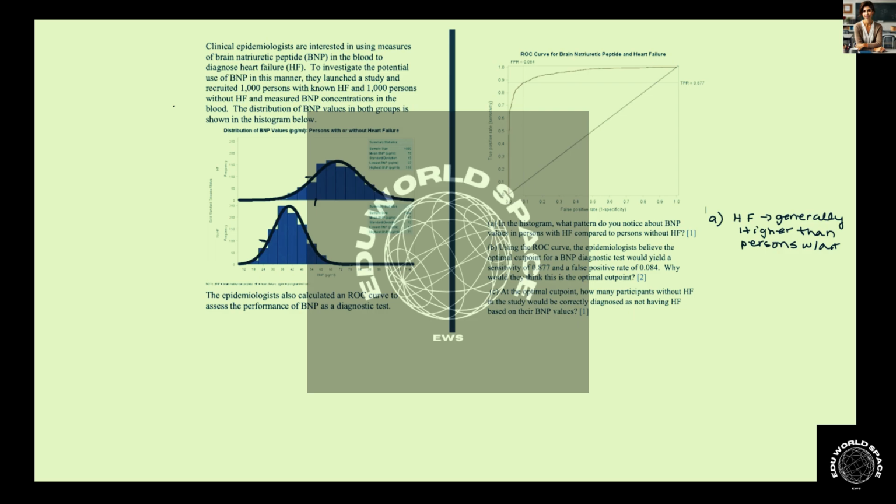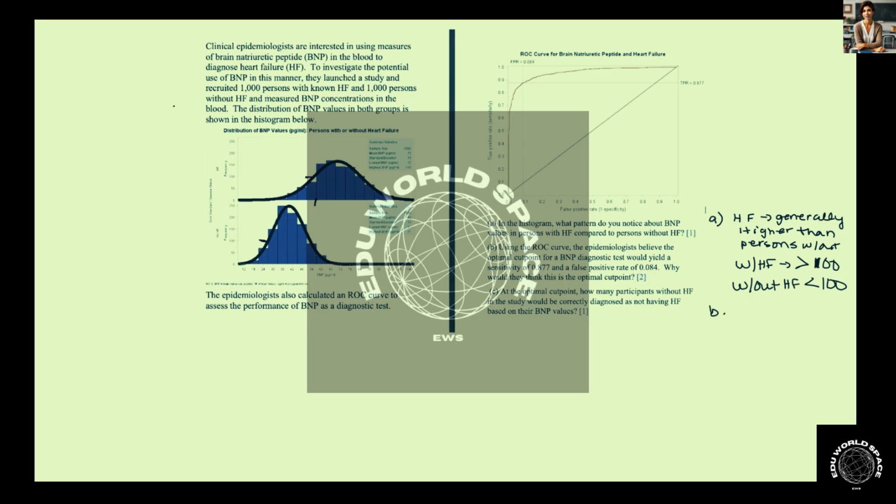So we can write that with HF is greater than 100, and then without HF is less than 100.